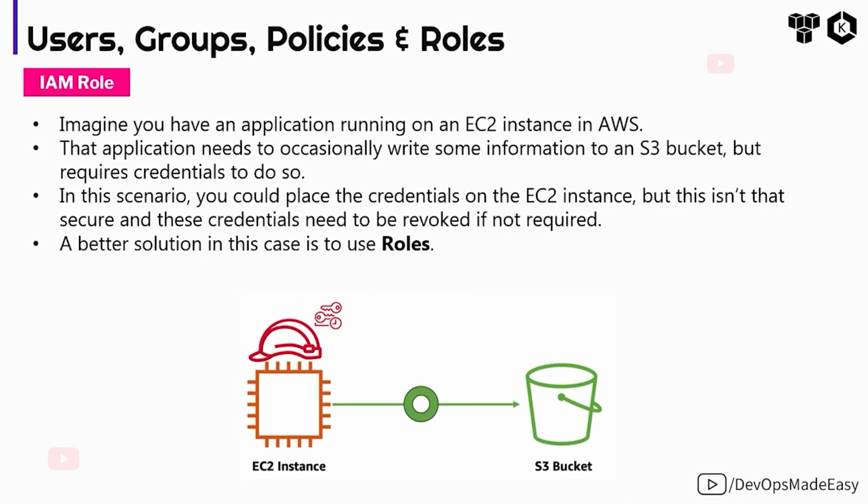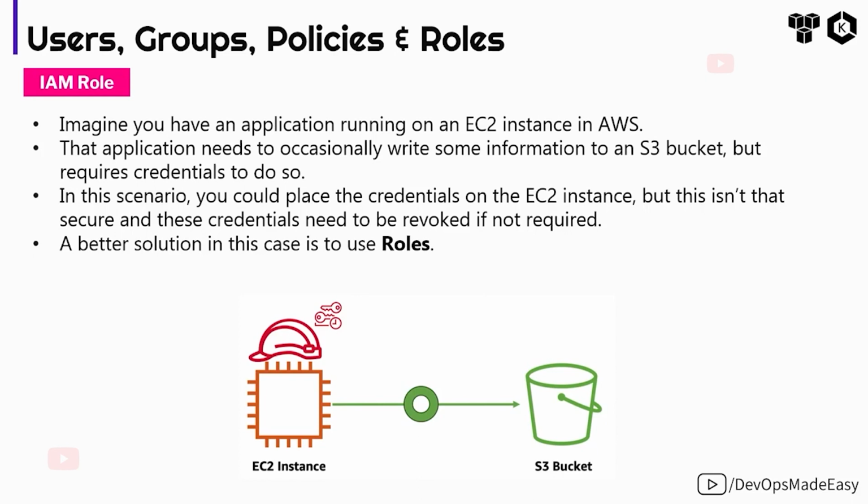Of course, if I take a process as a user, I can give password-based authentication for him. But here this EC2 instance is a service. The service is trying to access another service, which means the EC2 instance should have permissions to access the S3 bucket. Policies I can create, but there is no user to assume that policy.